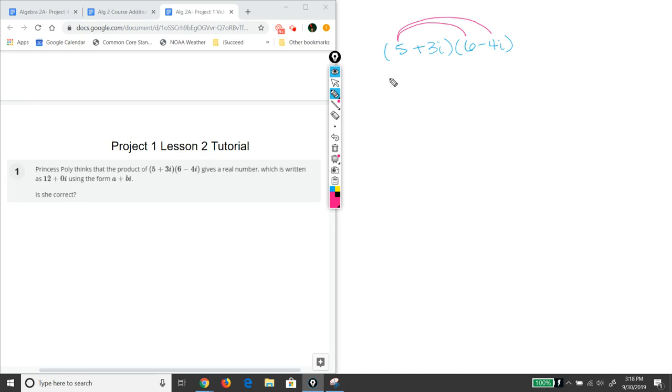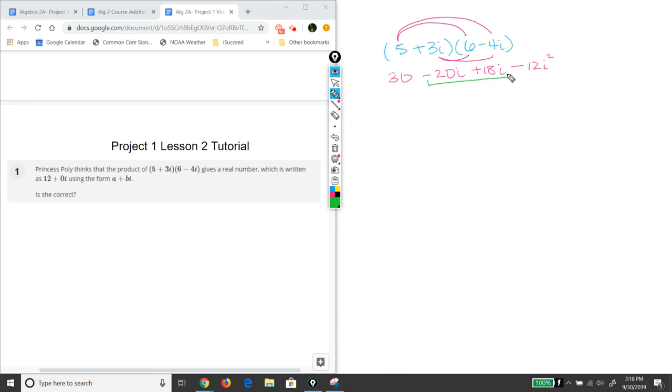And when I do that, I will get 30 minus 20i. And then I need to distribute that 3i to those two terms as well, which gets me a positive 18i minus 12. And then the only thing that could be a little tricky is i times i turns into an i squared. Okay, so that's not too bad, but we now just need to start simplifying.